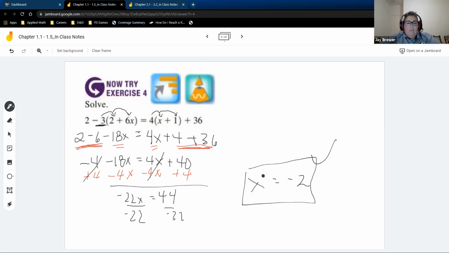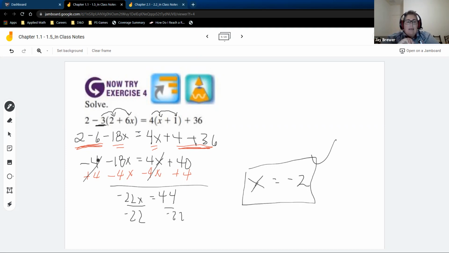Now, again, you can pause the video and go back to your original equation and check to see if our negative 2 is correct. You always want to go with your original equation, and here's why. As soon as we as mathematicians make a step, you don't know if you could have a mistake in there.